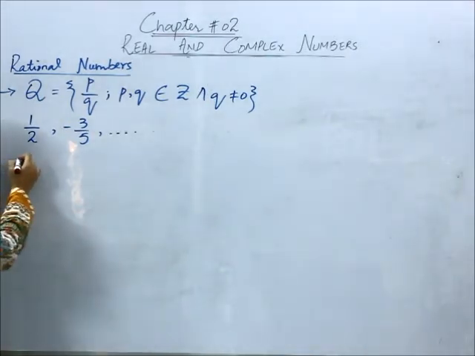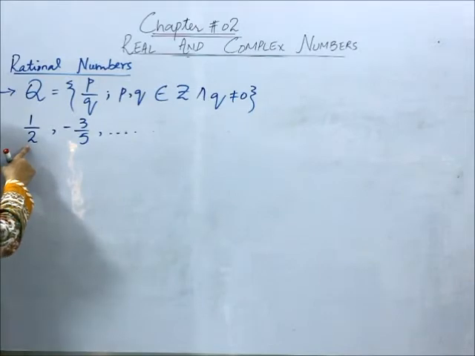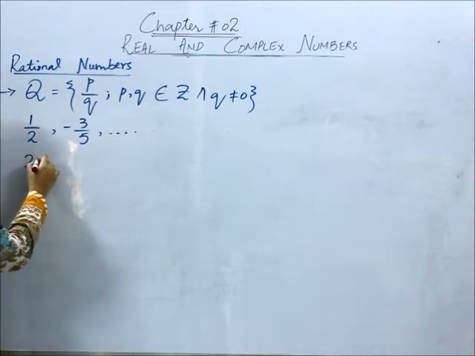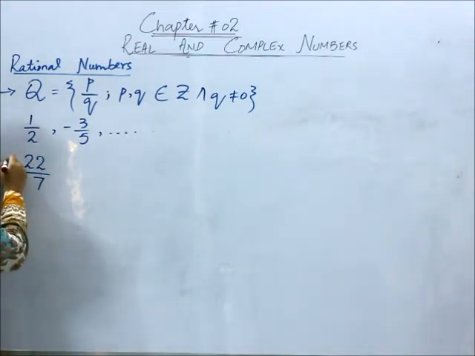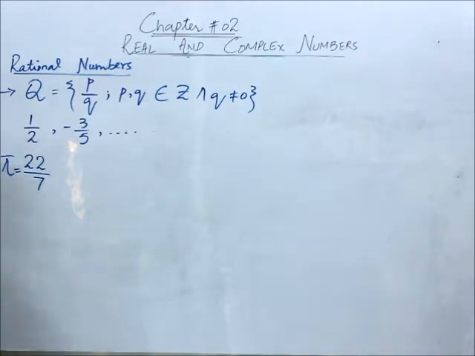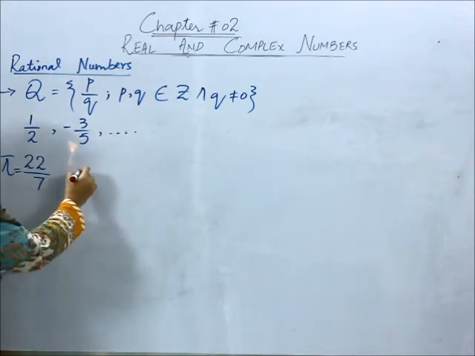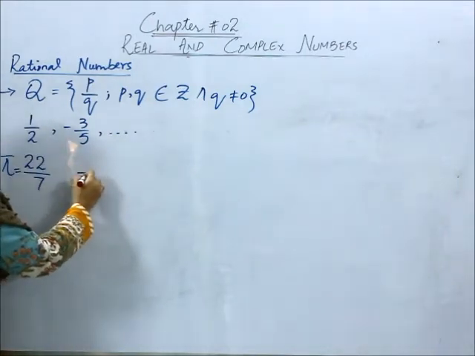But there is another question which arises over here. If the numbers in fraction form are rational numbers, then what about 22 by 7? We take 22 by 7 as pi. This is a number which can be written in fractional form. But is it a rational number? No, it is not a rational number.